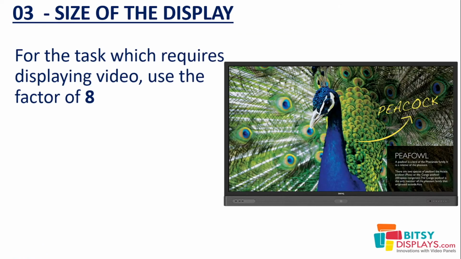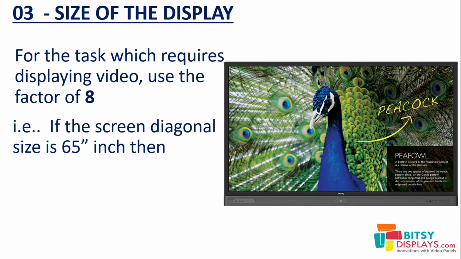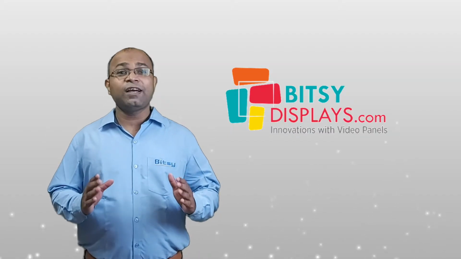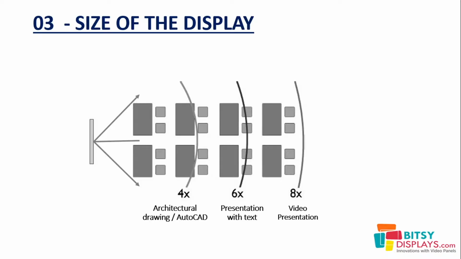For tasks which require displaying videos, use the factor of 8. That is, if the screen diagonal size is 65 inches, then 65 multiplied by 8 is equal to 520 inches, which should be the farthest distance you can take to view video. So, before finalizing the size of the display, you should always consider these calculations.